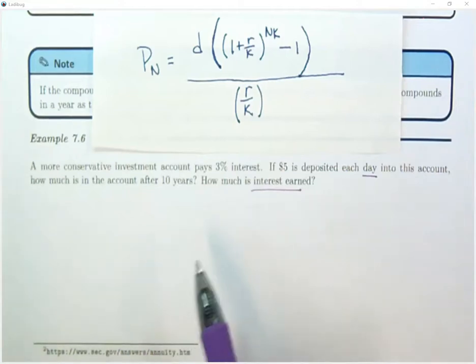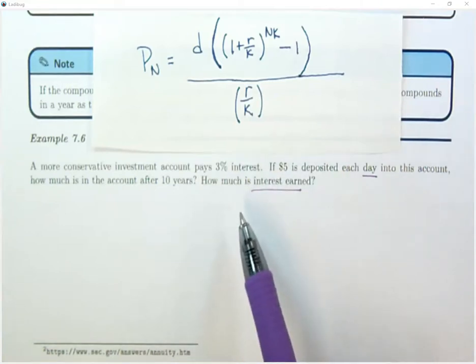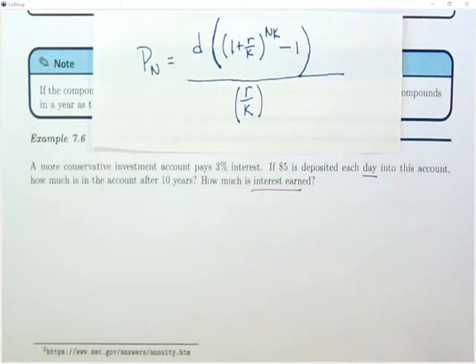We have a lot more going on. It's a lot more complicated. So the total interest will be the difference between whatever you've deposited and what you actually ended up with. We'll need to figure that out a little more carefully.